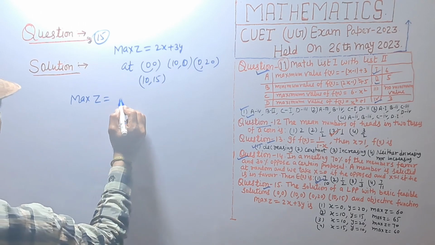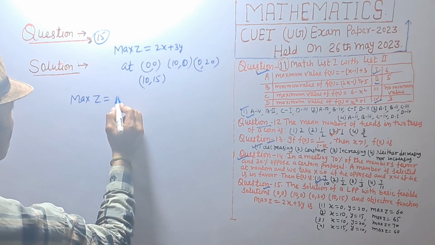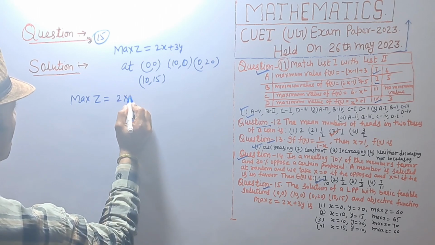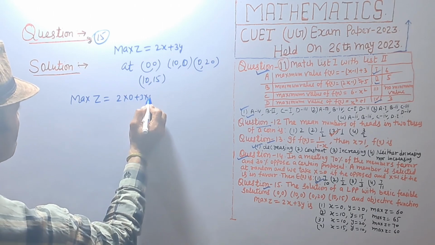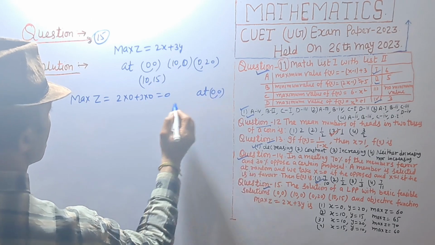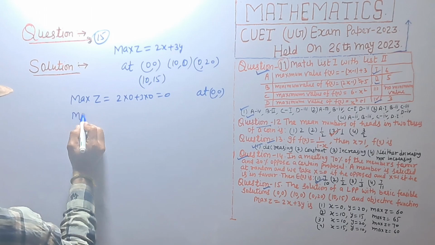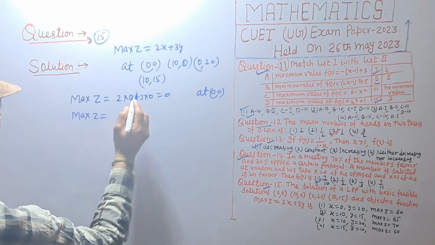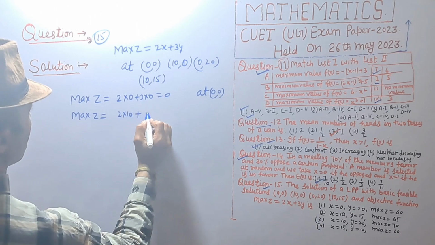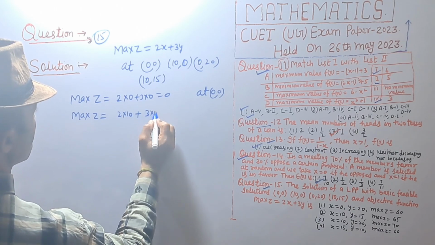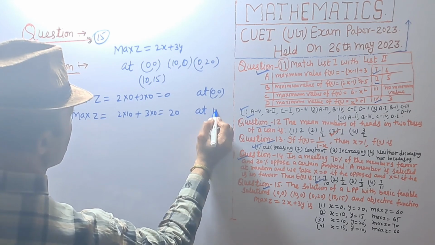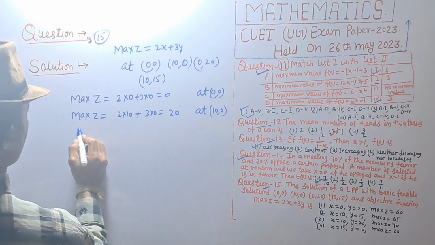Maximize z is equal to 2 into 0 plus 3 into 0, that is equal to 0 at (0, 0). And z is equal to 2 into 10 plus 3 into 0, that is 20 at point (10, 0).